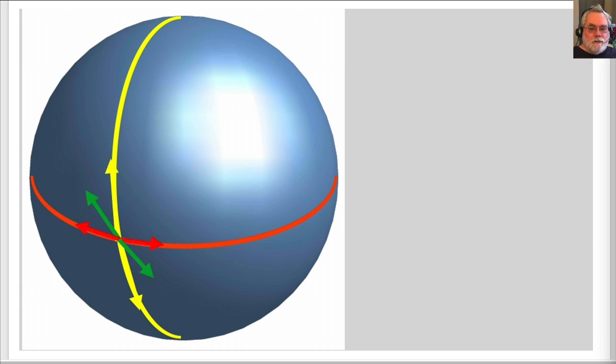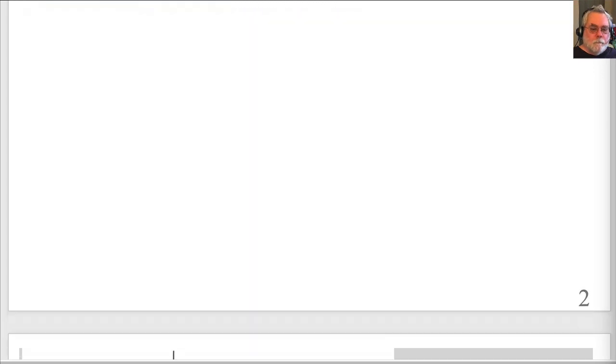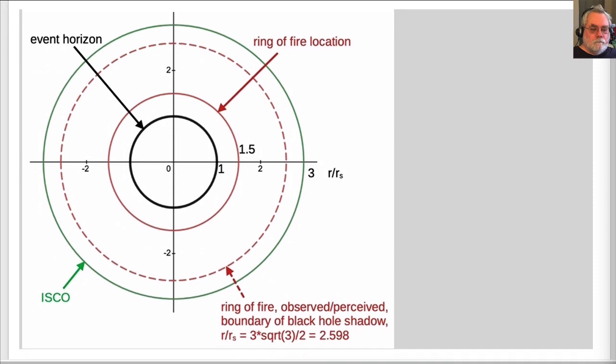I have no information about how long a photon remains in orbit or how many orbits it makes on average before escaping. The ring of fire location is 1.5 Schwarzschild radii, which I'm showing as this red solid line circle.